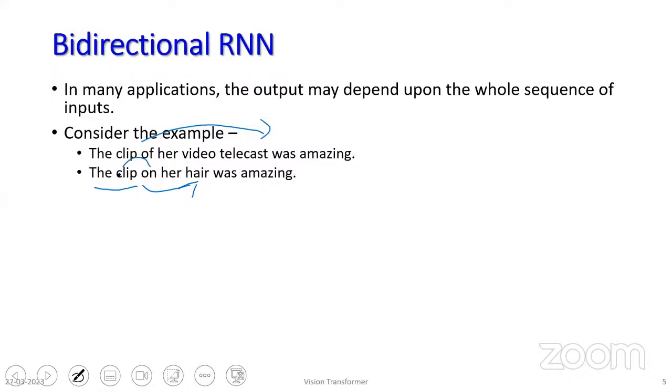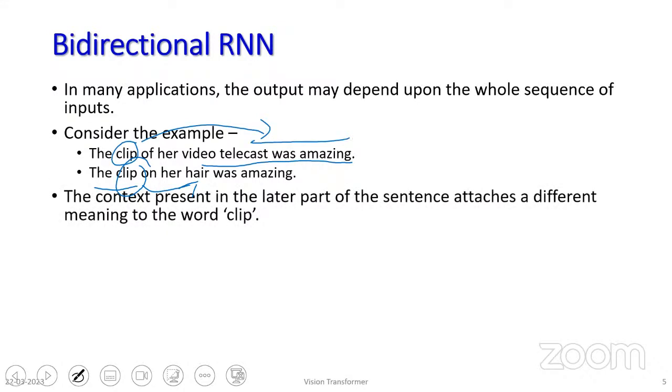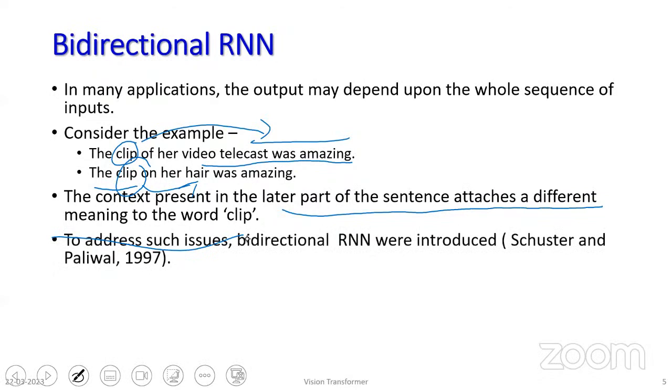To better interpret this word clip, it is important to have the future words in the sequence also. So in bidirectional RNN, the context present in the later part of the sequence sometimes attaches a different meaning to the word clip, as in this case.